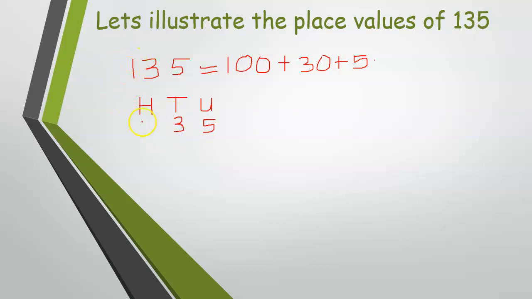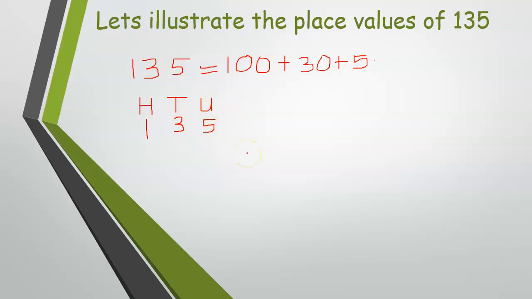And this 1 is under the hundreds. So the place of 1 in 135 is in the hundreds. The place of 3 in 135 is in the tens. And the place of 5 in 135 is in the units or in the ones.